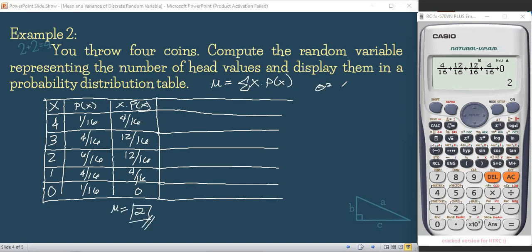To get the variance, we use the formula, the summation of the random variable minus the mean squared times the probability of the random variable. So we have x minus mu squared, and yung last natin na column is x minus mu squared times the p of x.